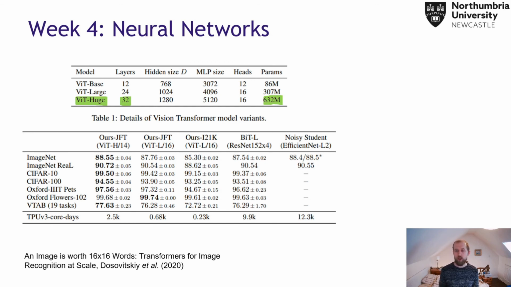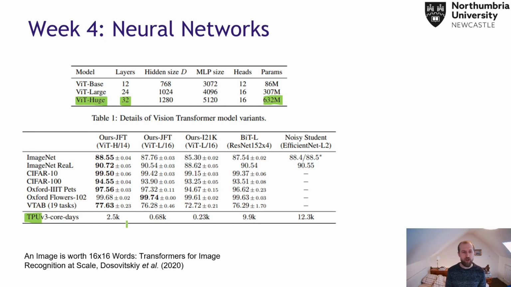So deep learning models are usually trained on GPUs, graphics processing units, because they're more powerful than CPUs, and that's using a library called CUDA. Now, from graphics processing units, Google have actually developed their own tensor processing units, which are specifically designed for machine learning, or for deep learning, I should say.